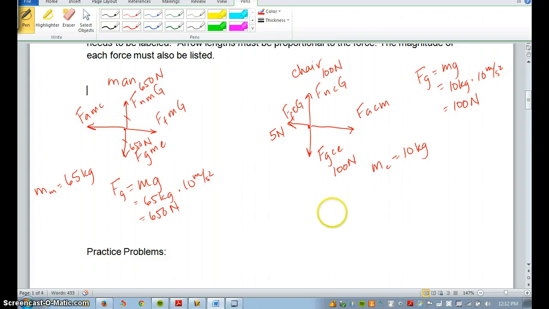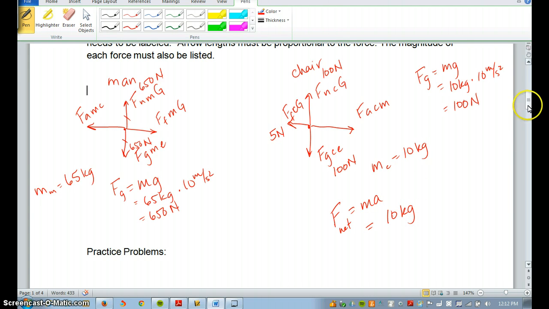So I know that force equals mass times acceleration, but this, remember, is net force. So we've been sort of always saying, oh, but that's the applied force. In this case, because we do have the value of friction, you need to remember that this is a net force right here. So I know that my object for the chair is 10 kilograms.